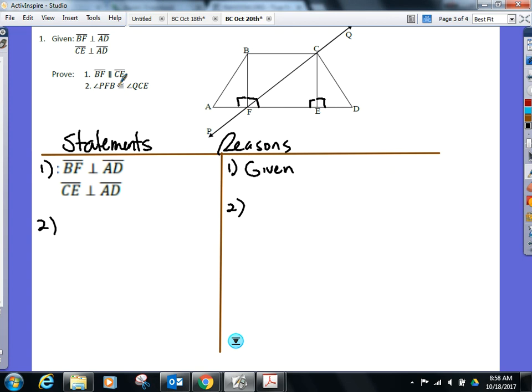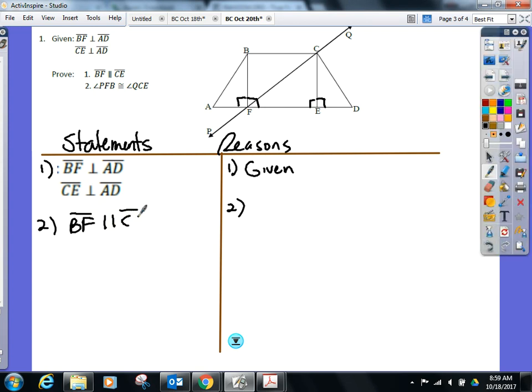All right, well, I'm not even going to look at the right angles. I'm just going to look strictly at the givens. If you see BF, tell me something about BF. It's perpendicular to AD. Tell me something about CE. Well, it's perpendicular to AD. And we know from our index card theorems that if 2 lines, BF and CE, are perpendicular to the same line, AD, they must be parallel to each other.